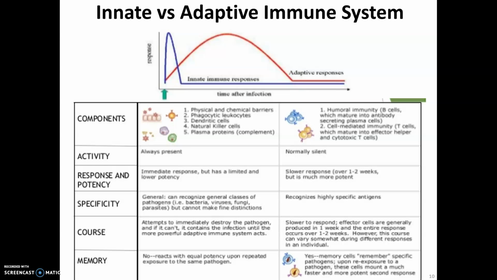Read through it, have a review, and if you're not sure about anything, you can always ask me some questions. Just to make it a little bit clearer, on this side right here we have our innate responses, and over here is our adaptive. Like I said, go through this and make sure you're familiar with it.